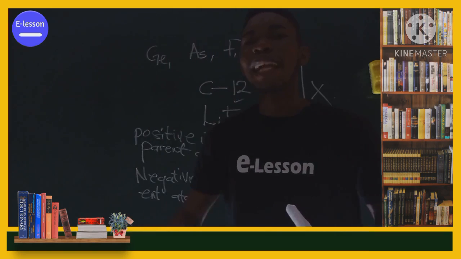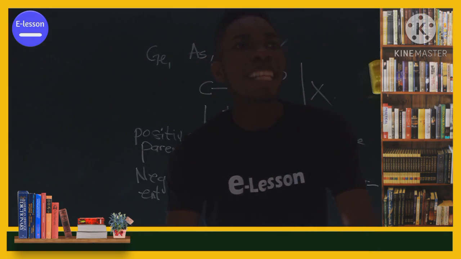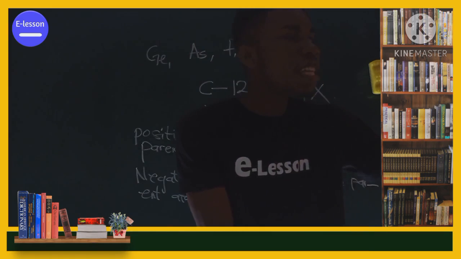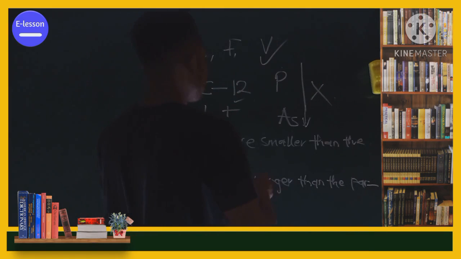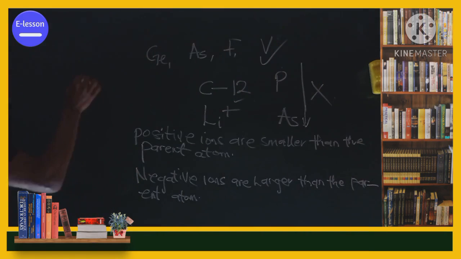Reason being that when you are giving out electron, you are removing a particular shell. Are you getting it? So if you had, let's say, something like this initially, if you had a shell like this, and you are giving out this shell, what will be left? You'll be left with just two shells.